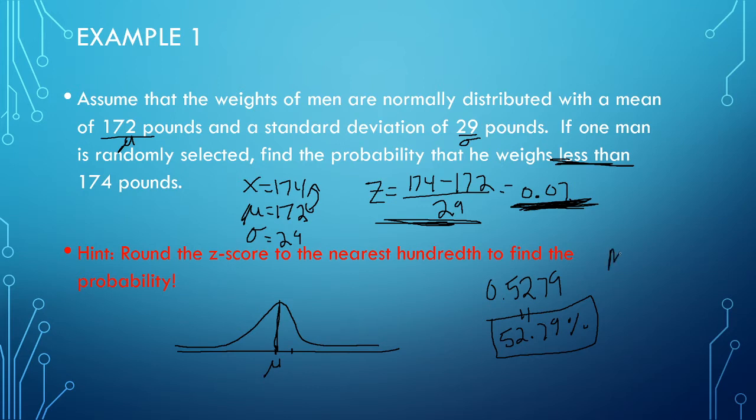So if I wanted more than 174, I would do 1 minus 0.5279, or 100 minus 52.79, and get my answer there, which would be about 47%. So more than, you have to subtract it from 1. Less than means just take your table and go with it, okay?